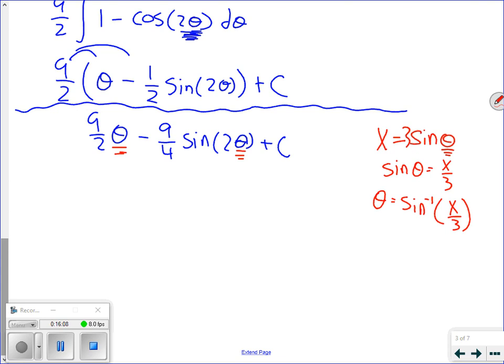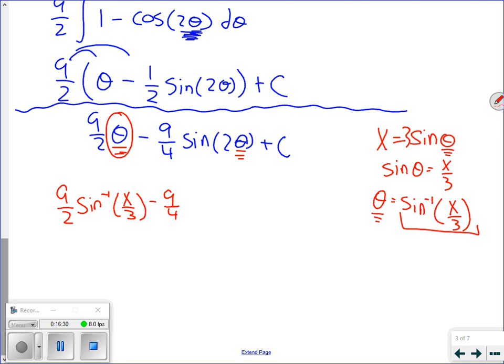So where you see a theta, you're going to plug back in sine inverse of x over 3. So right here is going to be sine inverse of x over 3. So what I have is 9/2 sine inverse of x over 3 minus 9/4.